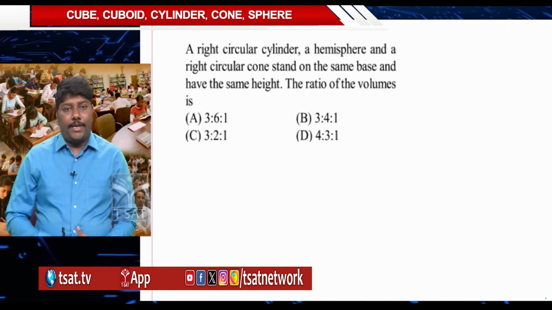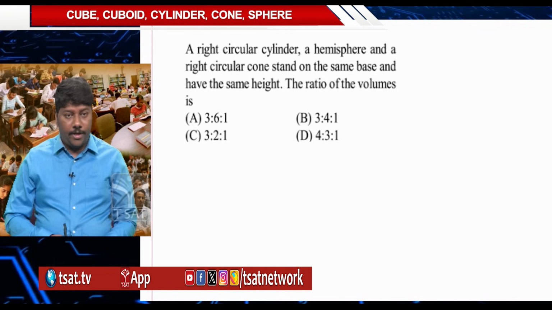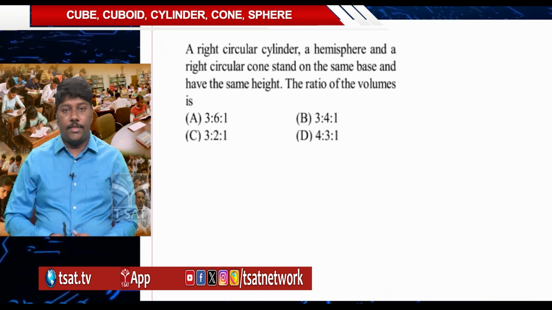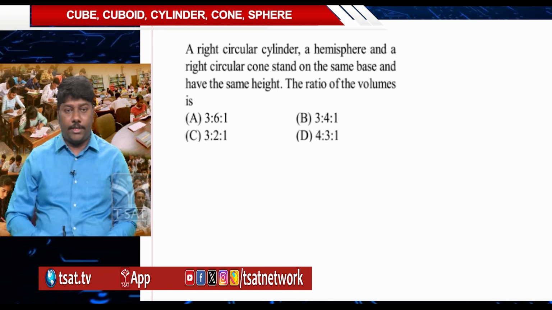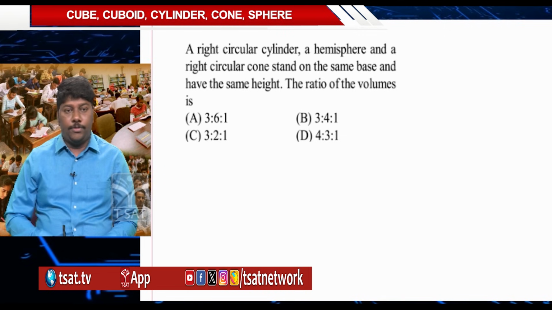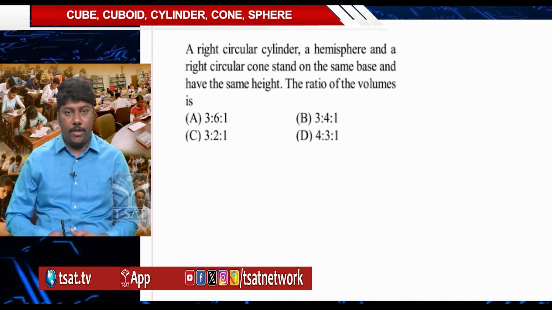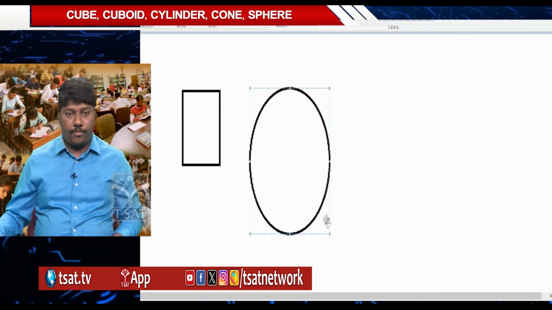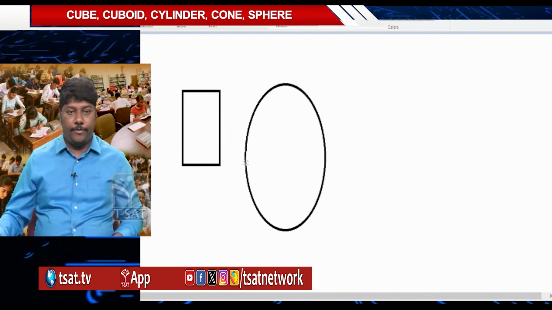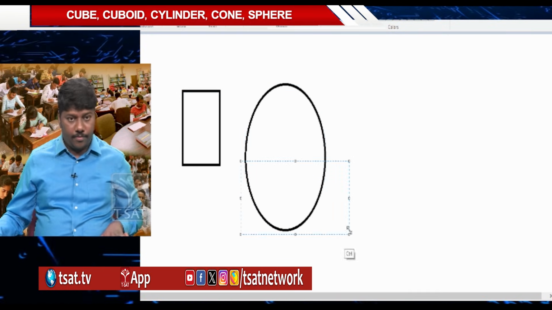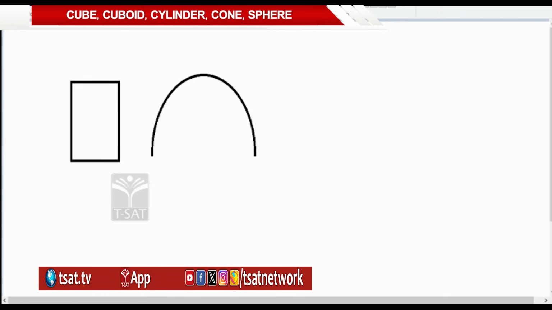Look at the next one. A right circular cylinder, a hemisphere and a right circular cone stand on the same base and have the same height. The ratio of volumes is asked. First of all, the right circular cylinder, the hemisphere and the right circular cone. We only take half of the sphere. Then we take a cone. The front view of the cone looks like a triangle.